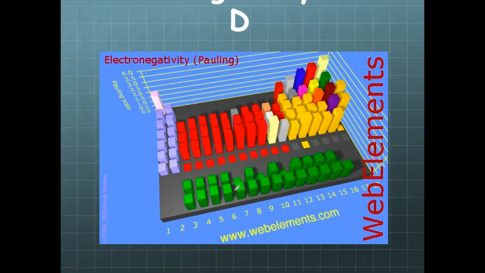Okay, so electronegativity was given to us by Linus Pauling, a chemist who came up with the scale which ranges from 0 to 4, 0 being the least and 4 being the highest value.